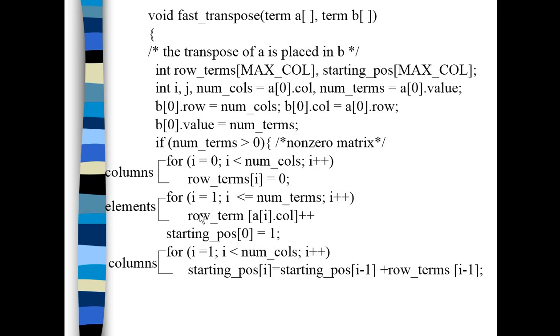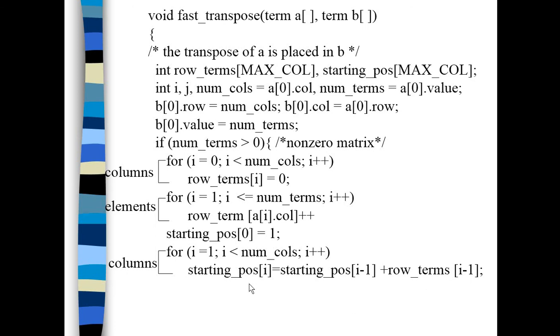After that, row terms of a of i dot column, we increment by 1. Initially the starting position of 0 will be 1, because in the 0th location of the transpose matrix we will have the total number of rows, total number of columns, and the non-zero elements. Here we start copying the values.